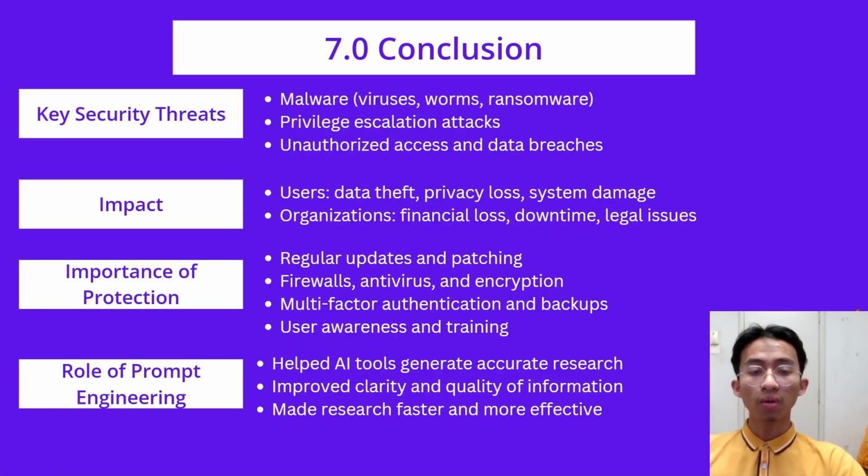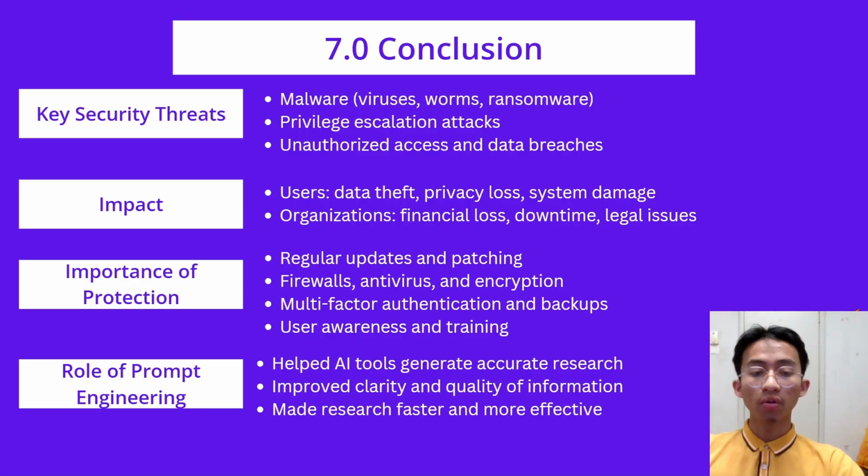And then we have the importance of protection, which includes regular updates and patching. There are also firewalls, antivirus, and encryption to handle security measures. There are also multi-factor authentication, backups, and user awareness and training among users.